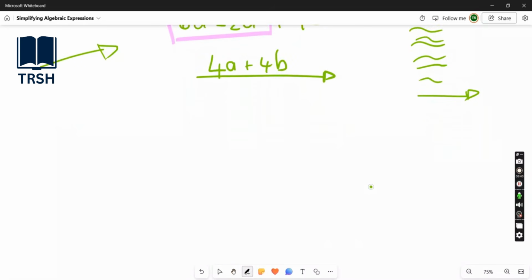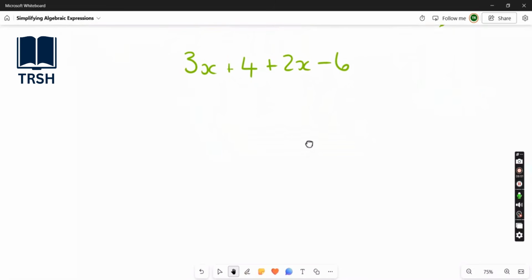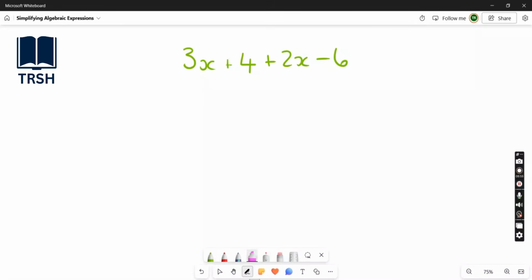The key to this is making sure that you understand your like terms. That is key, it's the key to everything. Minus 6. So in this example, we can group our 3x and our positive 2x. Please take the sign with it. Don't just take the 2. You need to take the sign that's attached to that specific term.